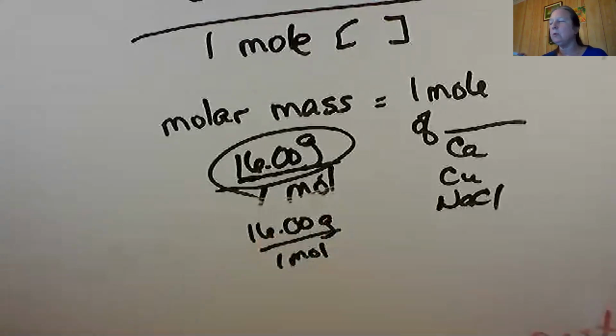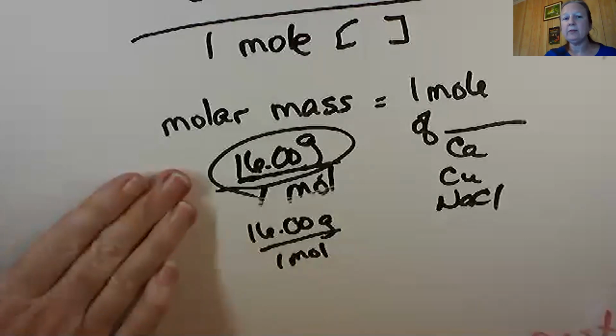So if you go to the lab and you measure out 16 grams of water, you do it by difference. You weigh, tare your beaker, add 16 grams of water, you have a mole of water. You know that because of this definition and the periodic table. So we're going to use that a lot.